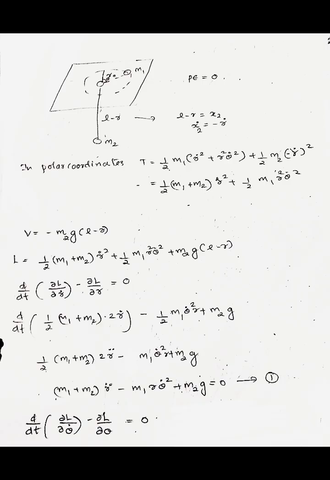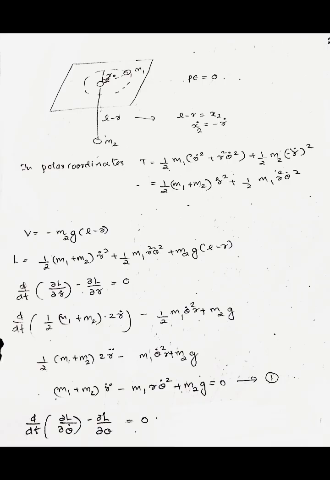Then d by dt of half into m1 plus m2 into 2r dot minus half into m1 theta dot square into 2r plus m2g, that is m1 plus m2 into r double dot minus m1 r theta dot square plus m2g is equal to 0. This is equation number 1.